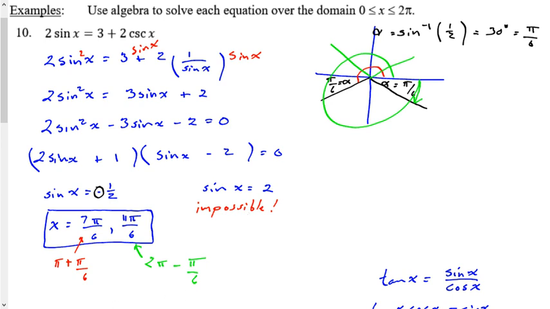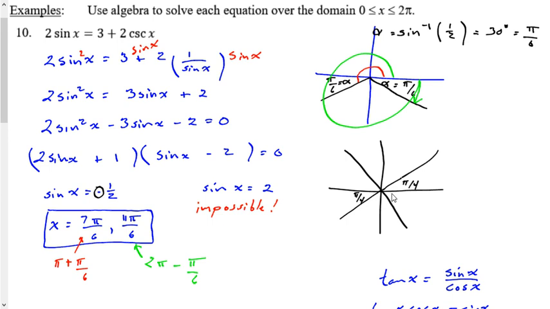Let me look at 2 other possibilities with you. Another possibility would be if we had 45-degree reference angles, or pi by 4s, where each of these reference angles was pi by 4, and the same thing here.